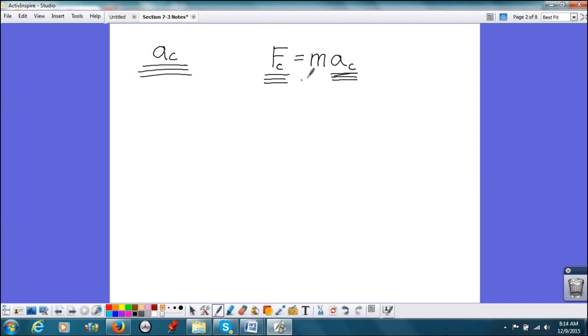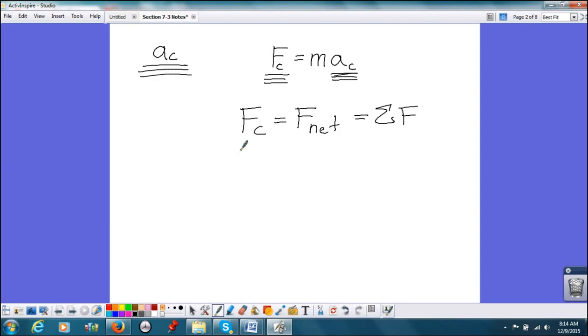The other thing we said is that when there is an acceleration, there needs to be a net force acting on the object. So this centripetal force is actually the net force acting on the object. And you can remember we wrote net force with the Greek letter sigma in the past. So the net force is our centripetal force.